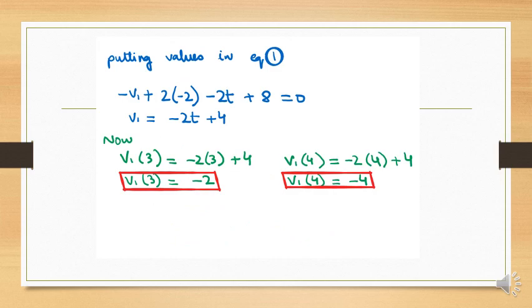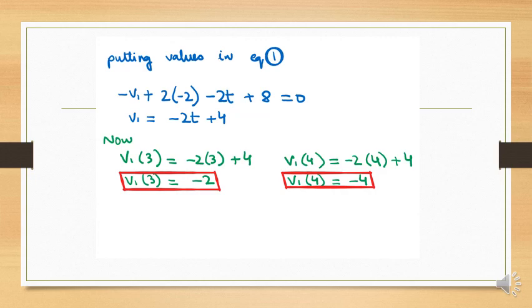Put this value in KVL. After putting this value, we got V1 is equal to minus 2t plus 4. Now, for interval 3 to 4, we put the values of 3 and 4 in our equation one by one. When we put t as 3, we got V1 of 3 is equal to minus 2. Similarly, when we put t as 4, we got minus 4.